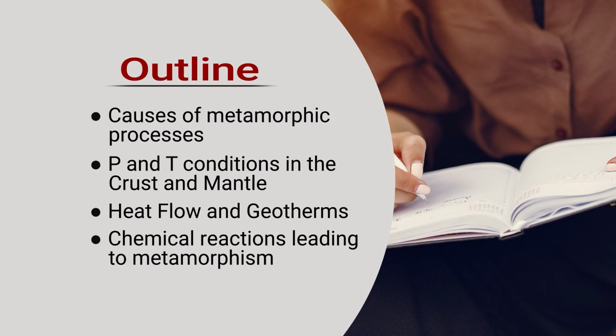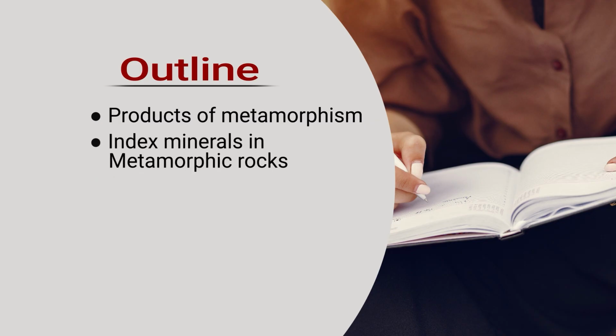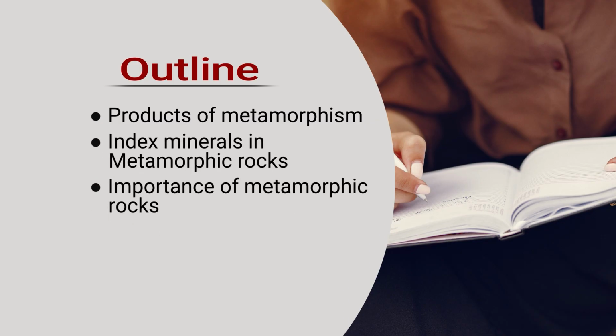Then I will explain the various chemical reactions which lead to metamorphic processes. Ultimately, these processes will give rise to products of metamorphism. I will also conclude by telling what are index minerals and what is the importance of the metamorphic rocks.